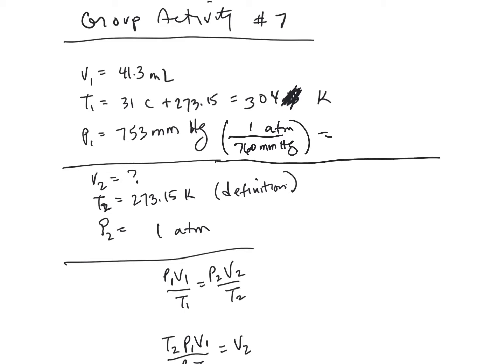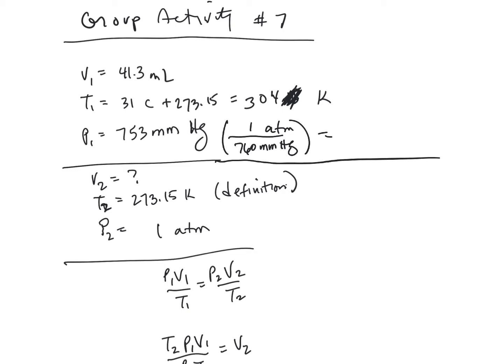Let me get my calculator here. Calculator's not working. Okay, hold on. Whoops, there it is. Okay, so we got 753 millimeters divided by 760 millimeters.